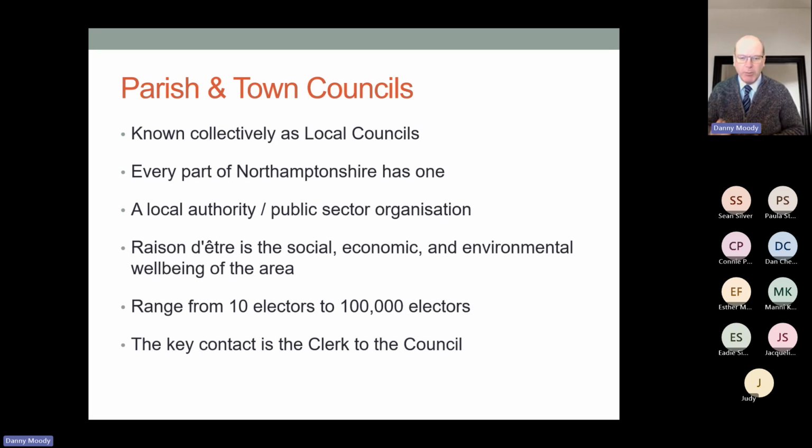So that's a typical bread and butter parish or town council. So you can imagine one that's got 100,000 electors is quite at the far end, the extreme end of the bell curve there. And Northampton Town Council will be spending several £1 million a year. But your bread and butter parish council is a small organisation.